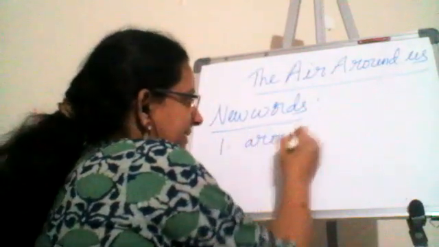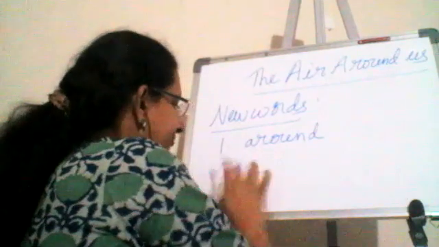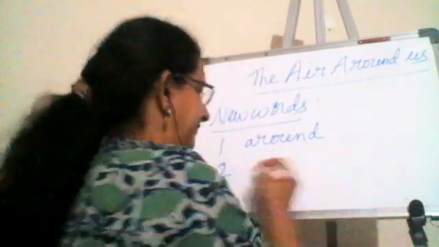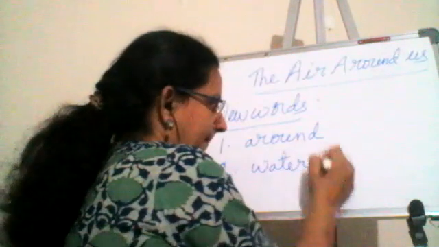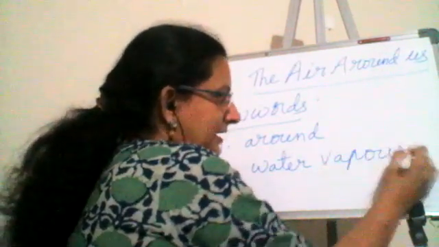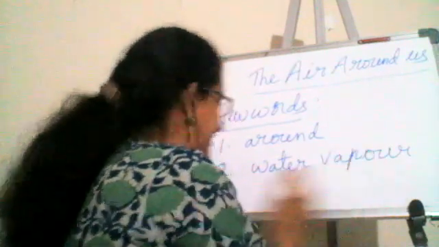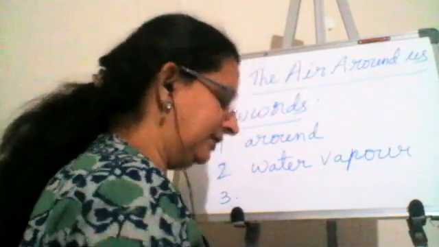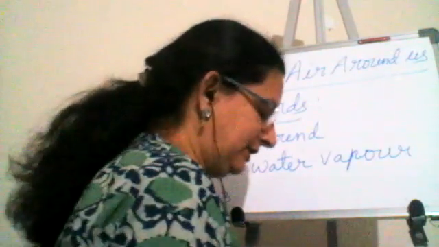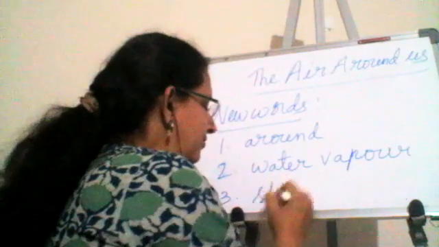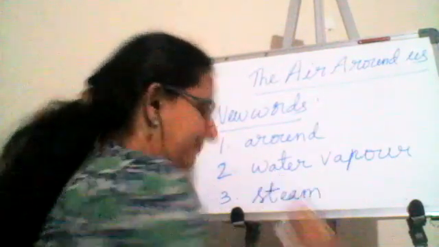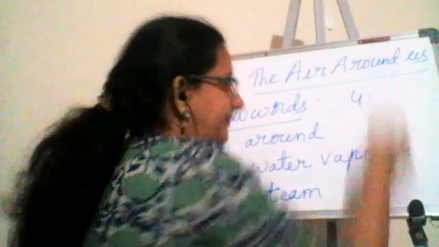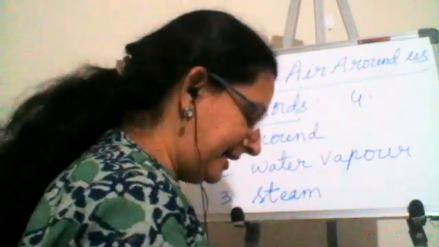The first spelling is around. Around. Water. Vapor. Water vapor. Next is steam.